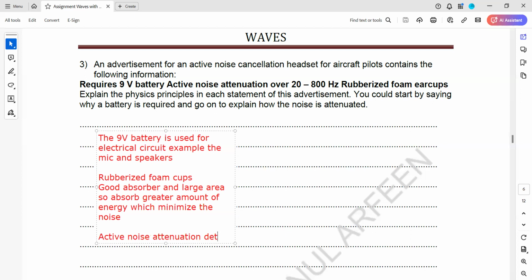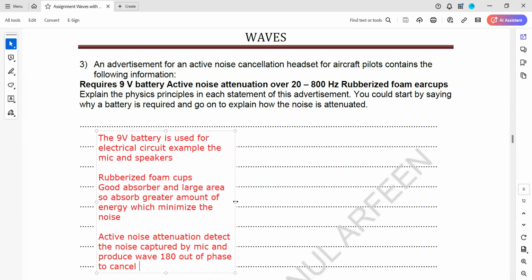First it detects the noise captured by the microphone, because the mic will detect that noise, and produces a wave 180 degrees out of phase to cancel that.